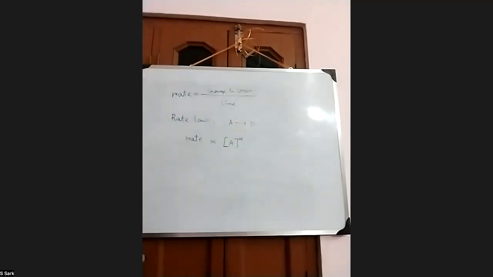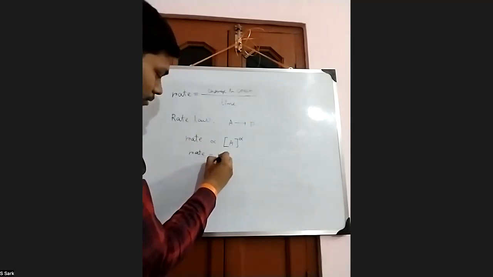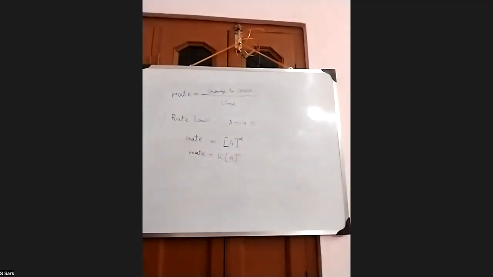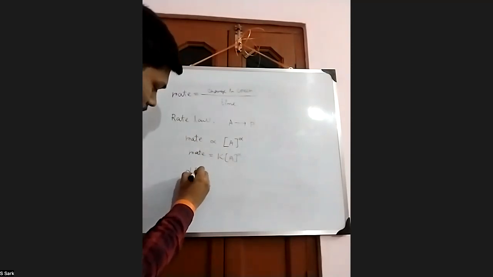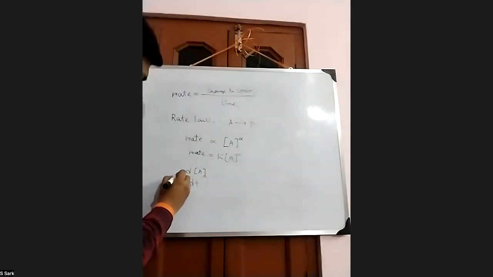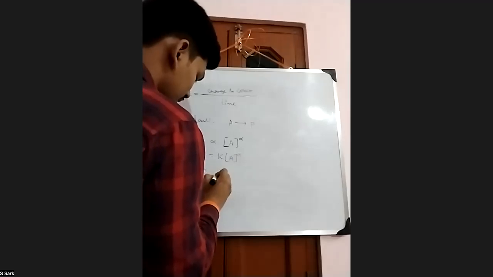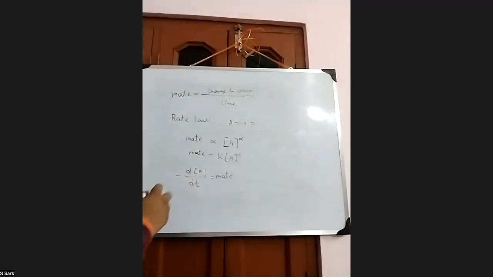Also rate can be determined by seeing the change of concentration of reactant per unit time. This is also rate, and rate is always positive. This is why, when reactant is consumed, we use a negative sign in front of the rate for the change in concentration of reactant. This is how we get the value of rate.